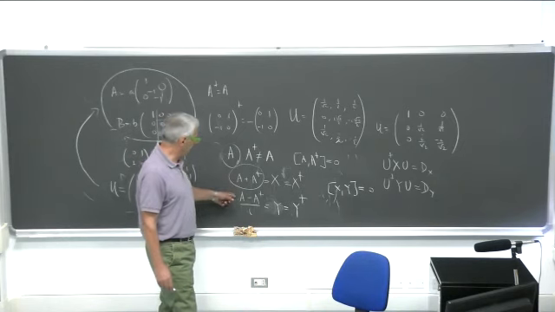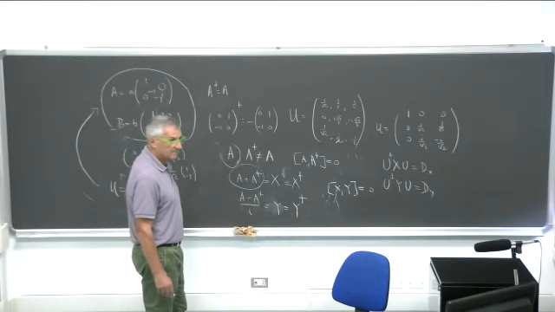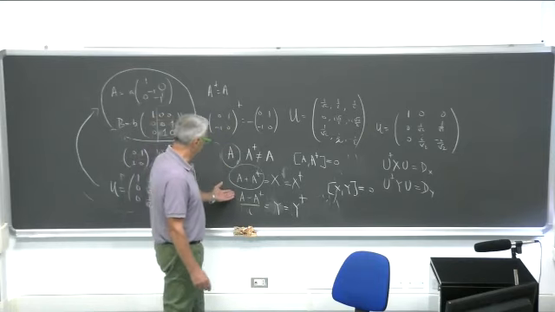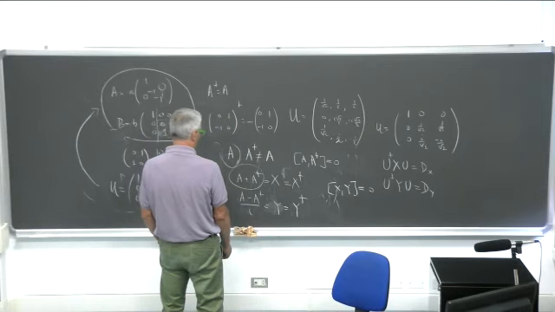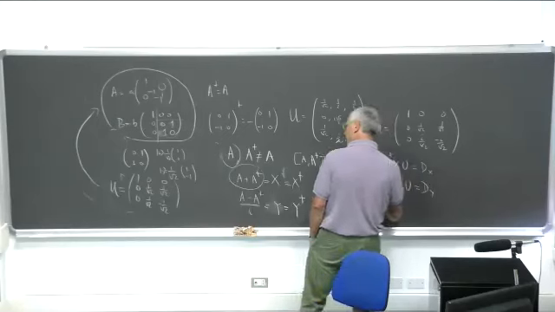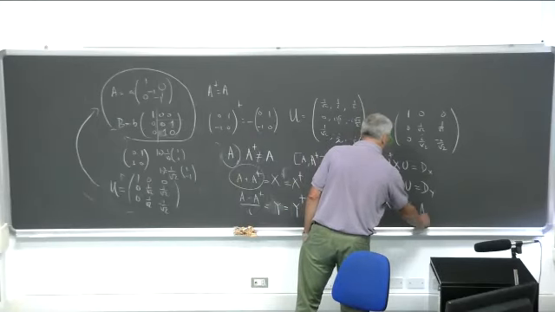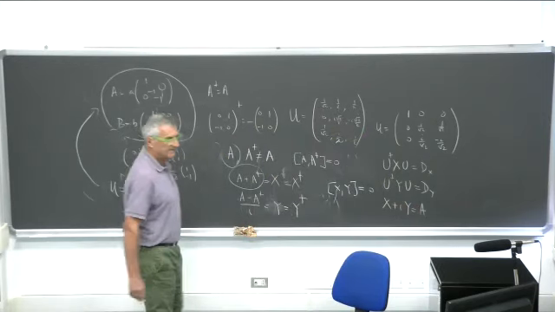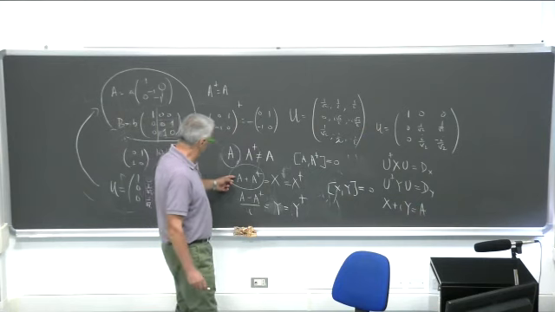To get A, you have to take a combination of X and Y which gives A. What is it? X plus iY is equal to A, right? No?